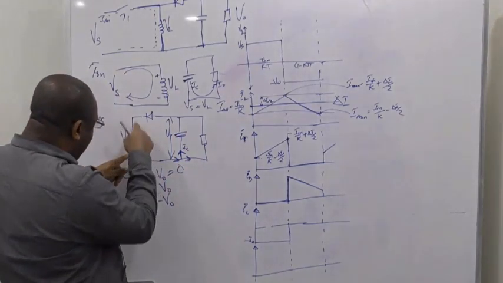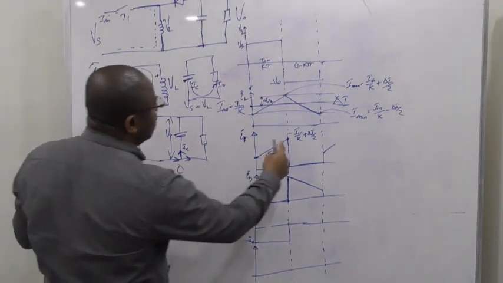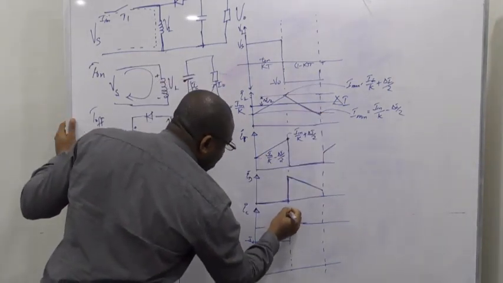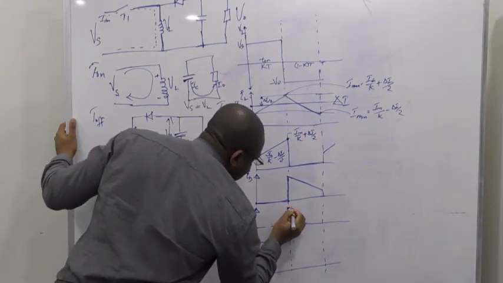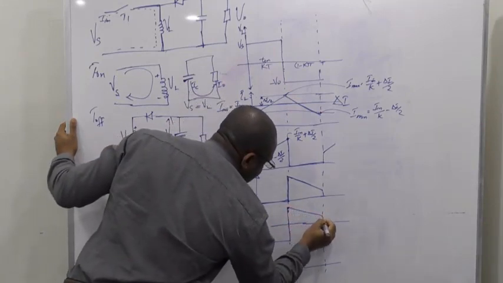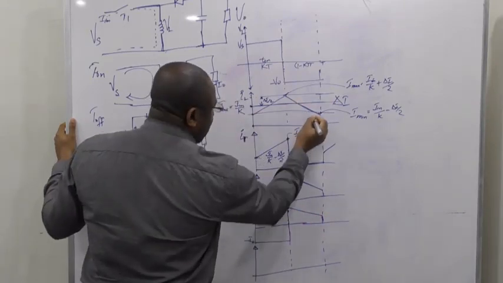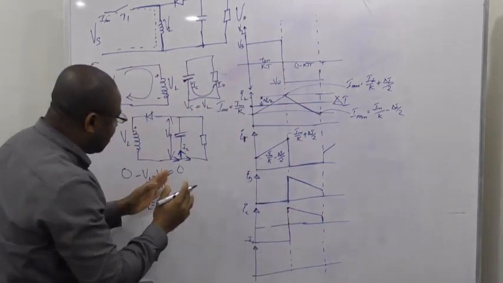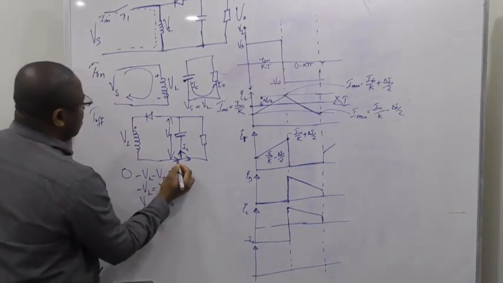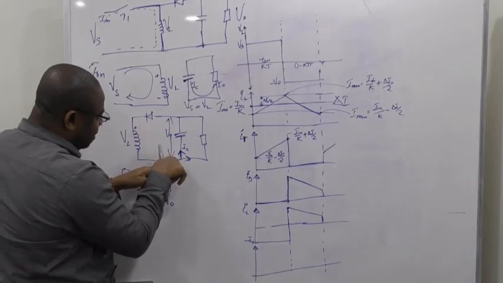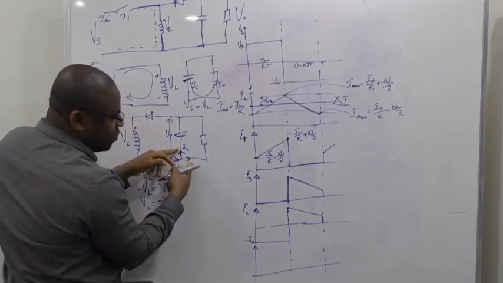So you are going to have a duplicate of the diode current here, but now that duplicate is divided into 2.